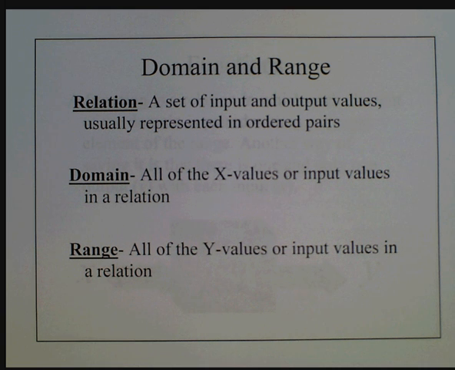A relation is a set of input and output values usually represented in ordered pairs. The domain of a relation is all the x values or input values of a relation. The range is all the y values or output values in a relation.